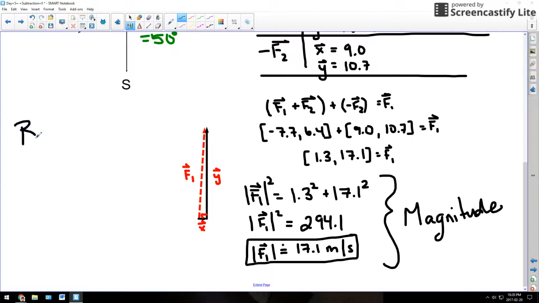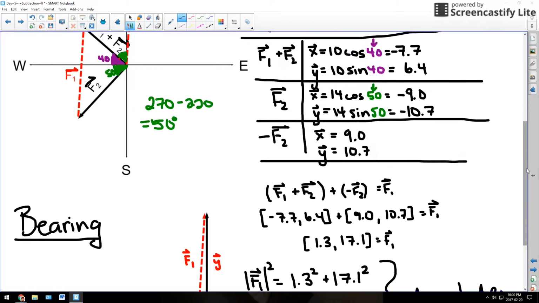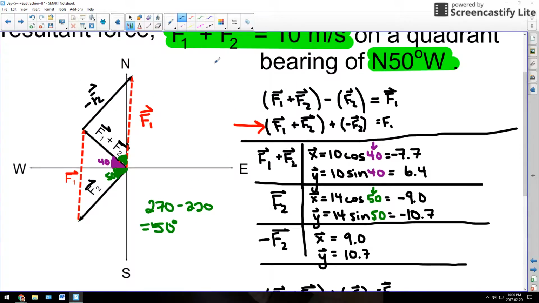And now we're going to do it for the bearing. So if I go back up to my full diagram, bearing, remember, starts at north and goes clockwise. So ultimately, I'm interested in this very tiny angle in here. I want this angle, right? How much clockwise of north is this line?